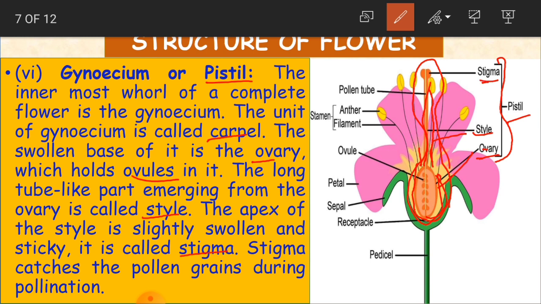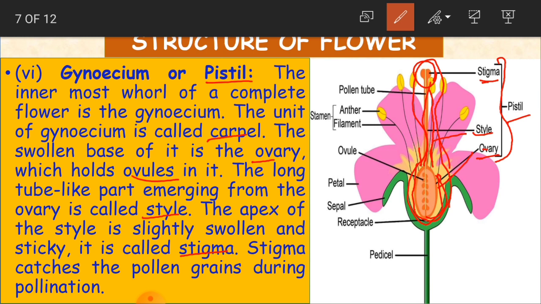This is the stigma, the ending part here. It is slightly swollen and sticky. Please try to touch this part in a flower, children. You feel it sticky, and this part is called stigma.